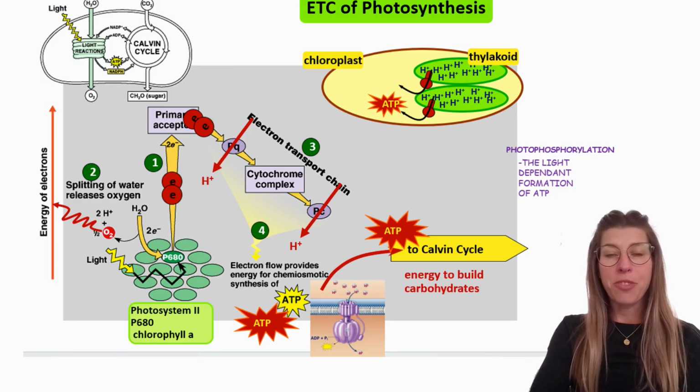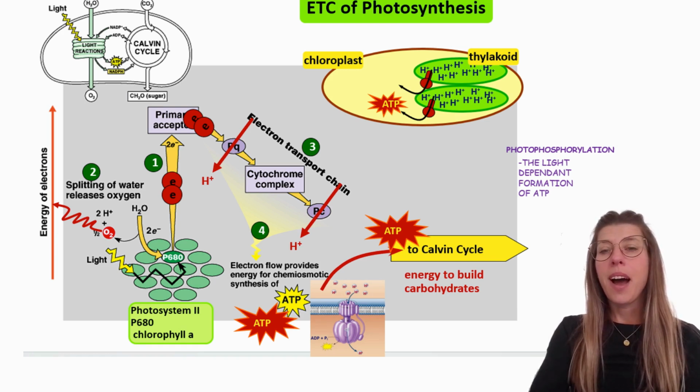Here we have steps 3 and 4. So those original electrons that had photoexcitation due to the incoming light that was originally accepted by that primary acceptor, we could see that starting to move across. It's showing the cytochrome complex there in step 3.